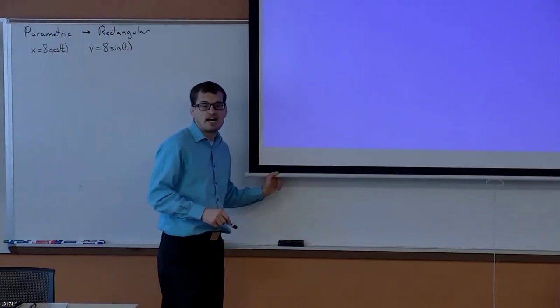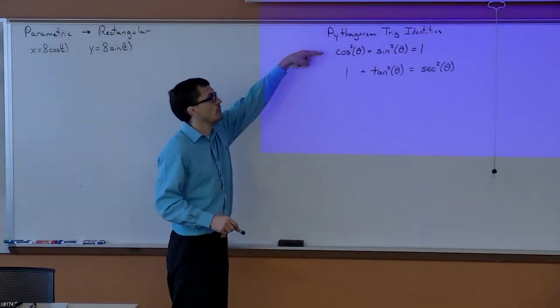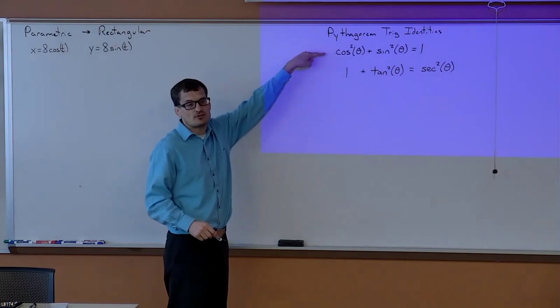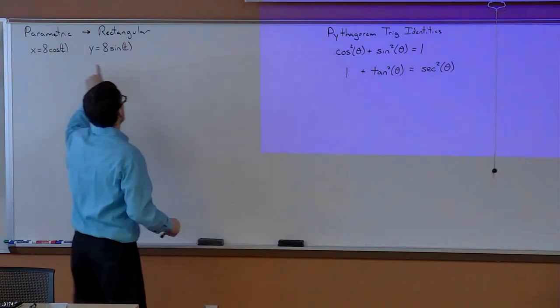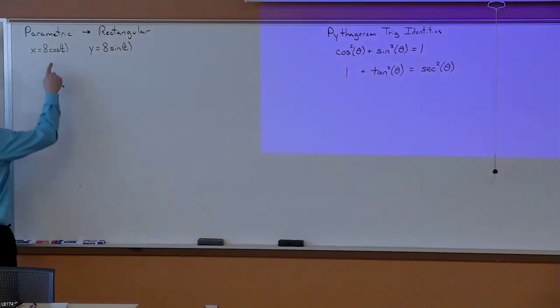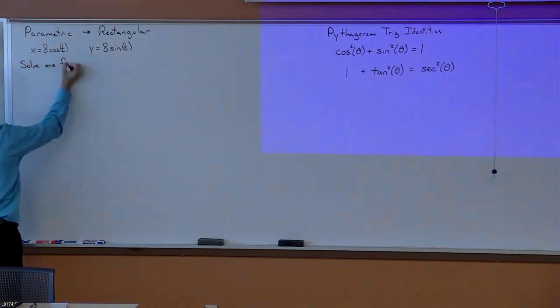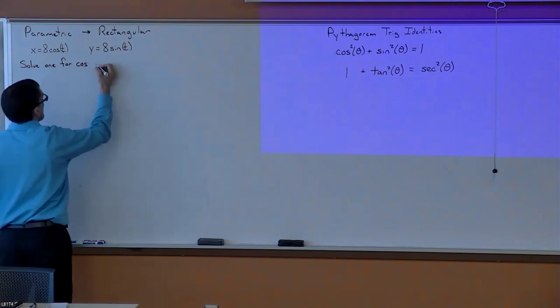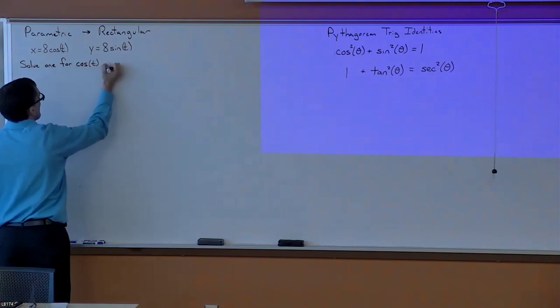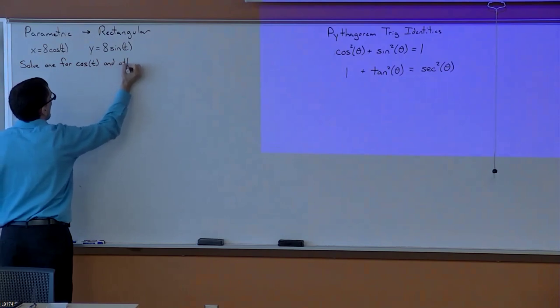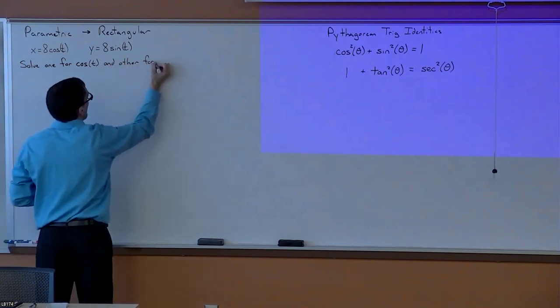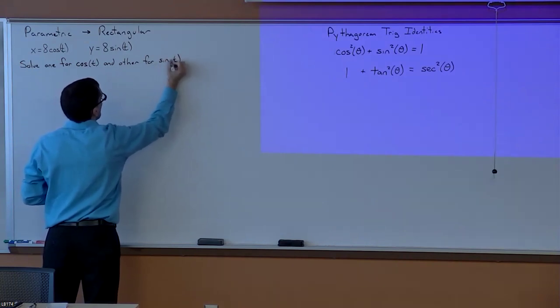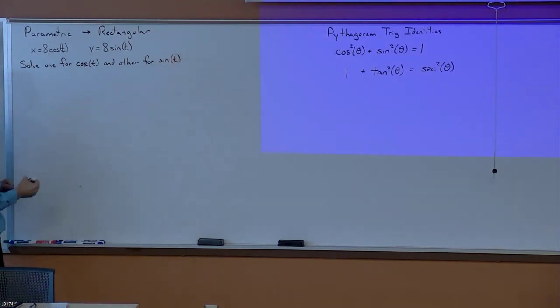So if we have sines and cosines, we're going to use this trig identity. We are going to solve one for cosine of t and the other for sine of t. And then we're going to substitute that into our Pythagorean identity.